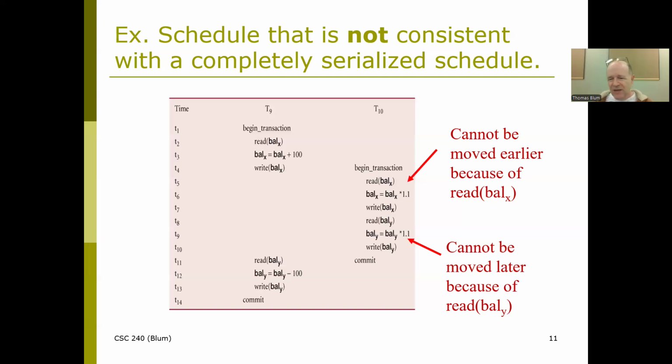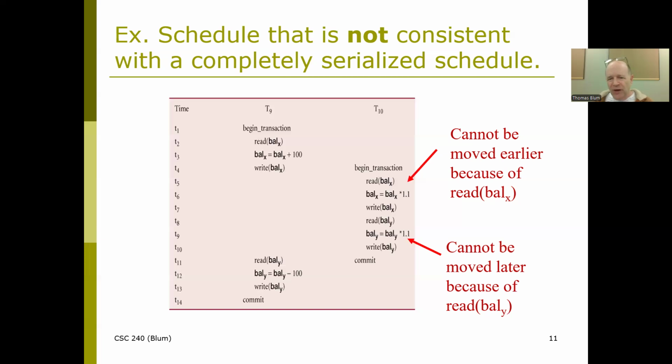And so when the interest was calculated, there was an extra $100 in the combined accounts. If we're looking at the sum of what's in account X and account Y, it's not changing, because we're adding 100 to one and subtracting 100 from the other.